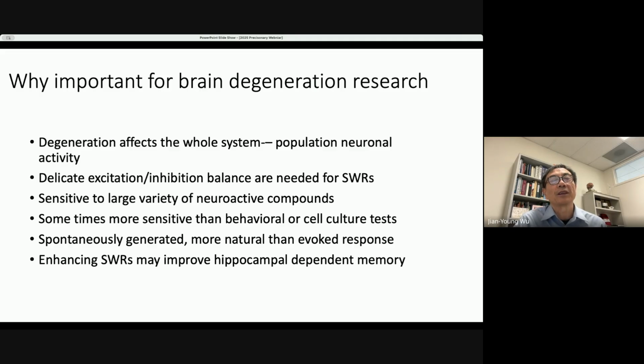If you have those bursts, and the rate for generating a correct response or correct decision is higher, then affecting the rate of generating sharp waves may make the animal smarter, right? Or make people less affected by brain degeneration. So enhancing sharp waves may improve hippocampal-dependent memory, which is a major deficit of Alzheimer's disease.